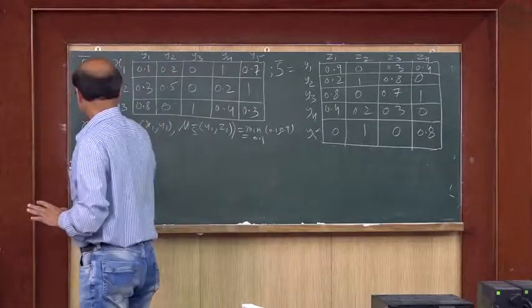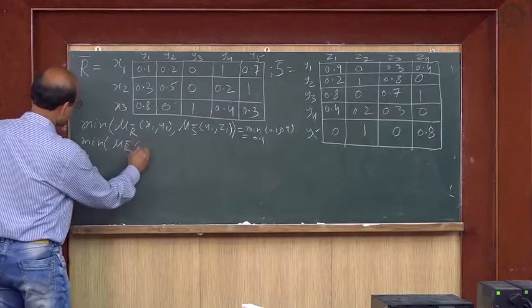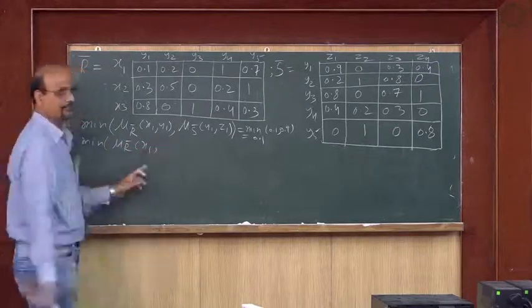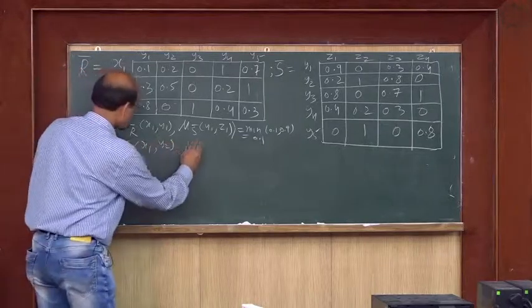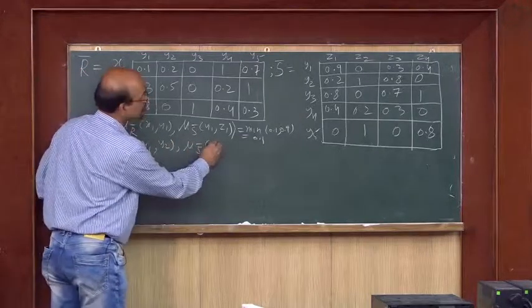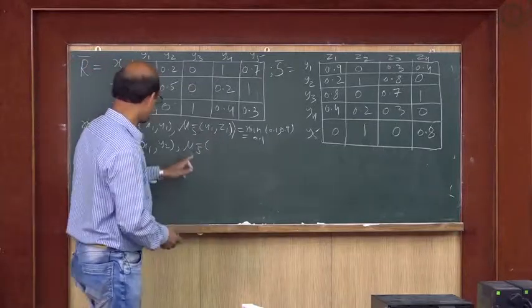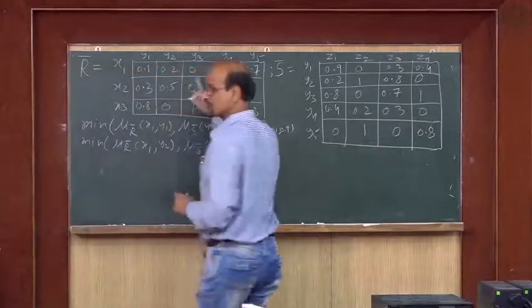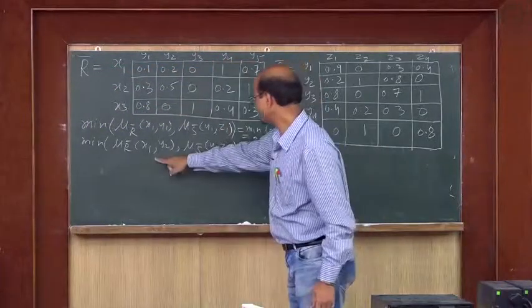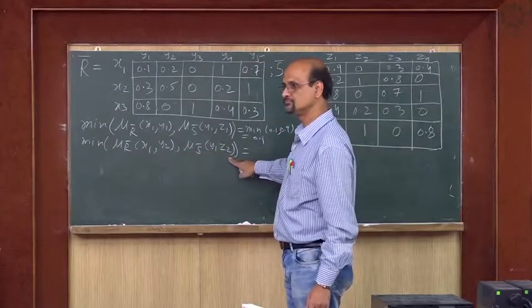Okay. Then again I have to find the minimum of mu R bar x1 y2 and mu S bar y1 z2.